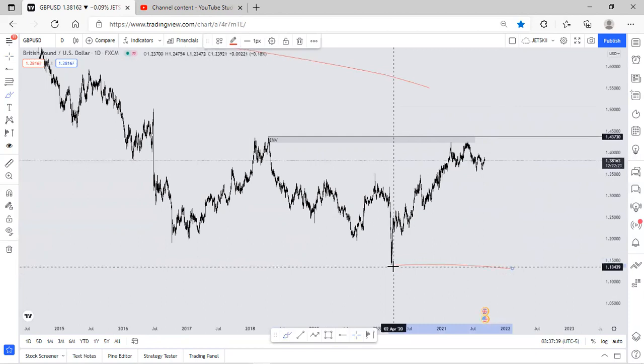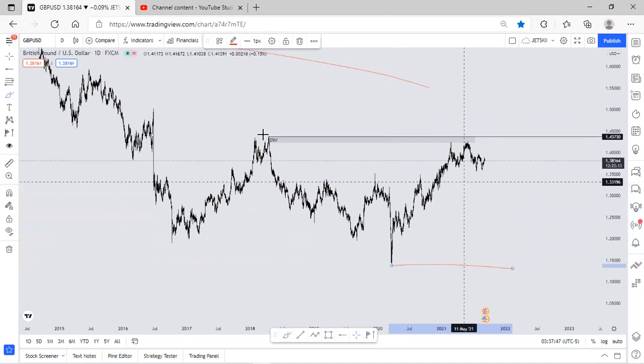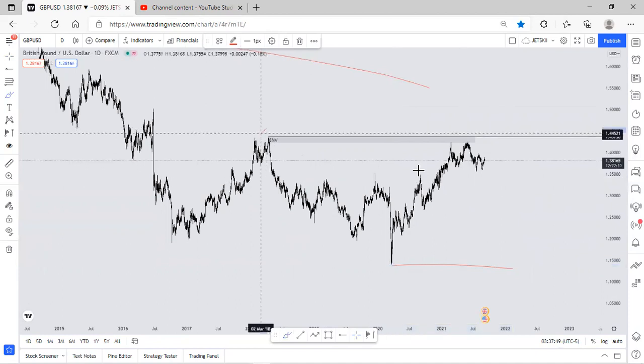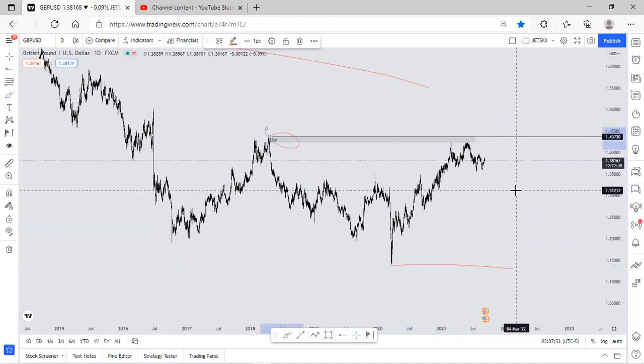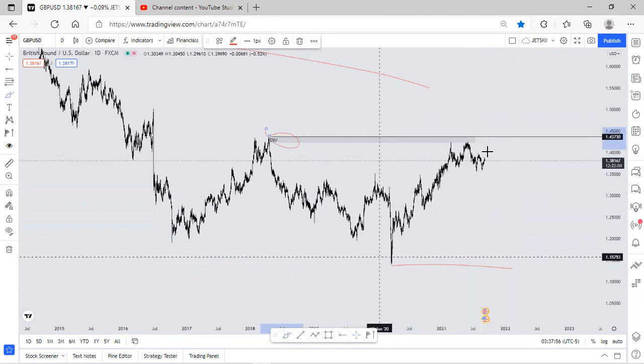So for now, I cannot say this market is bullish. It needs to tell me when it's bullish. As long as it's still below this area, for me this market is still bearish. So I'm only looking forward for shorts on a long term.